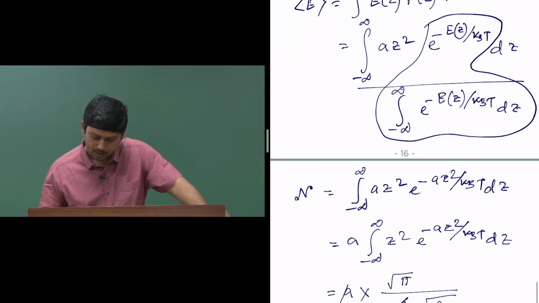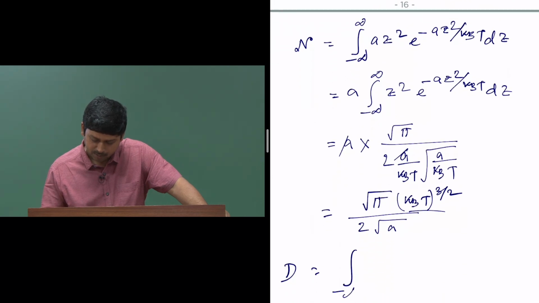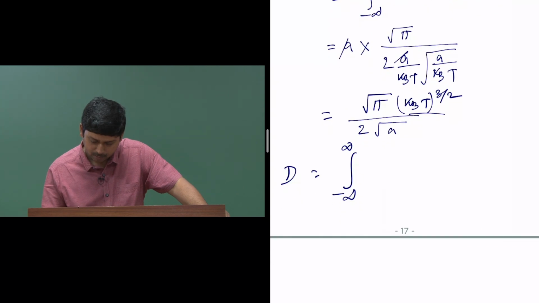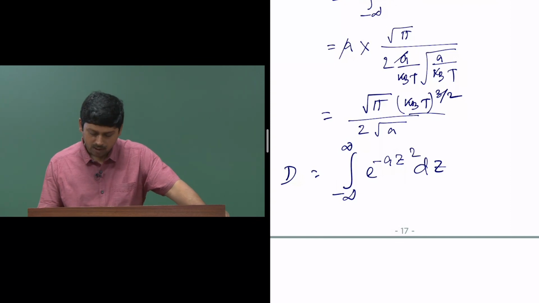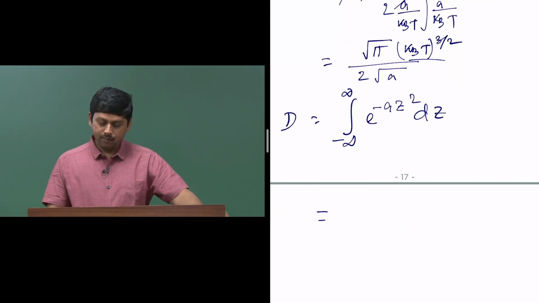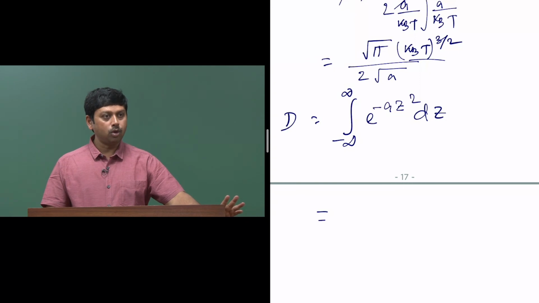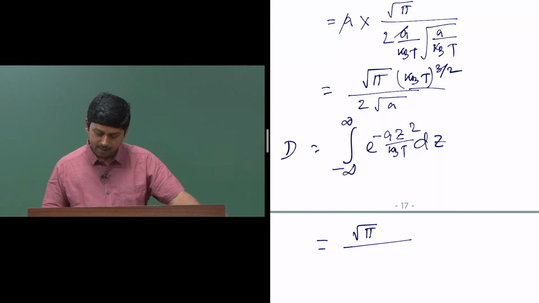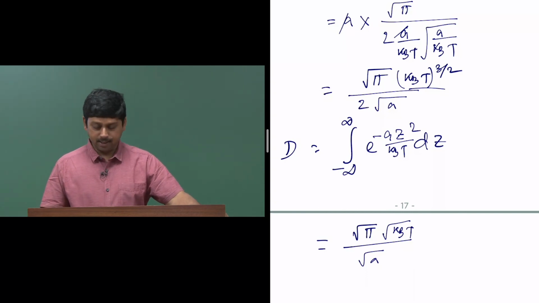Okay. Now, the denominator is a simple Gaussian integral from minus infinity to plus infinity of e to the power minus a z square dz. Now, what is the value for that? You know that we have already discussed that it is nothing but root pi by a. So root pi by root a, again here this will be kBT for sure, e by kBT, right. Here again it is root a and root kBT, because here a is nothing but a by kBT.